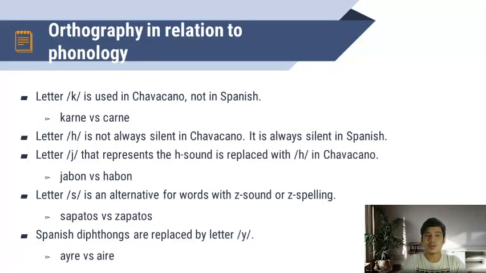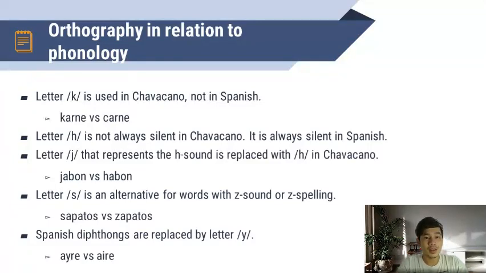In Chavacano, we use the letter K, although in some cases some Chavacano speakers also use C for the letter K sound, while in Spanish, the letter C is generally used for the K sound. So do not be confused again. In Chavacano, we can use both the letter K and the letter C to represent the K sound in the spelling system.